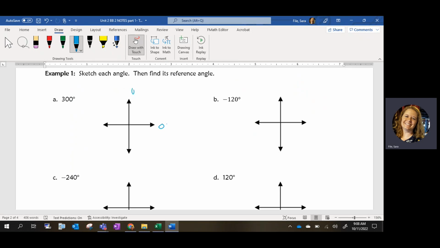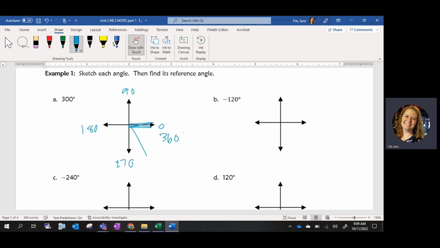So going in the positive direction, that would be 90, this would be 180, this would be 270, and then all the way back around to where we started, this would be 360 again. So 300 is between 270 and 360. It's actually going to be a little closer to 270, so I'm going to sketch my terminal side a little closer to the 270.